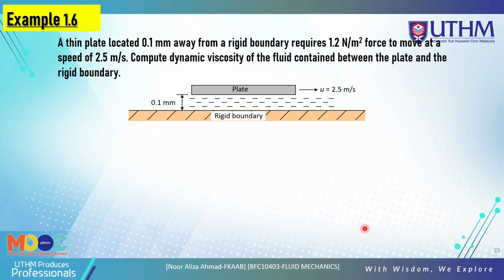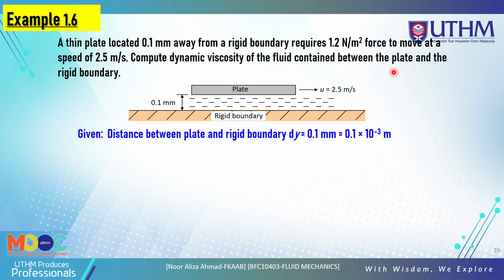Now we look at example 1.6. A thin plate located 0.1 mm away from a rigid boundary requires a force of 1.2 Newton per meter squared at a speed of 2.5 meters per second. Find the dynamic viscosity of the fluid contained between the plate and the rigid boundary.